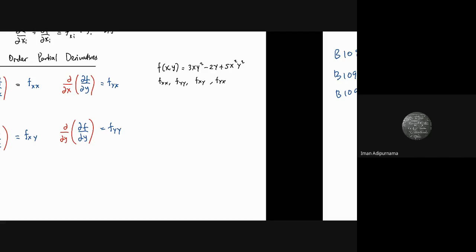So let's start with the partial x. This will be 3y squared and then 0 and then plus 10x y squared. And maybe we can start with fxx. This will be 10y squared, right? Then fxy will be 6y plus 20xy.